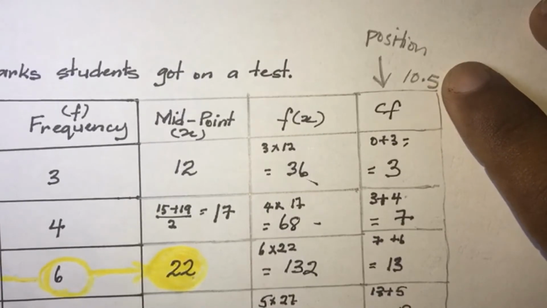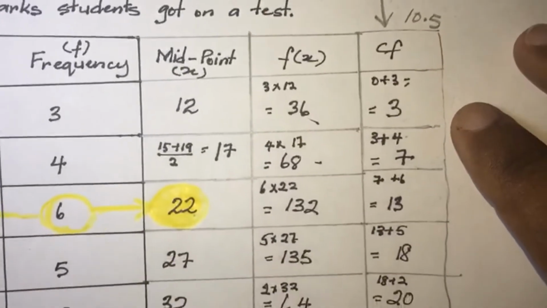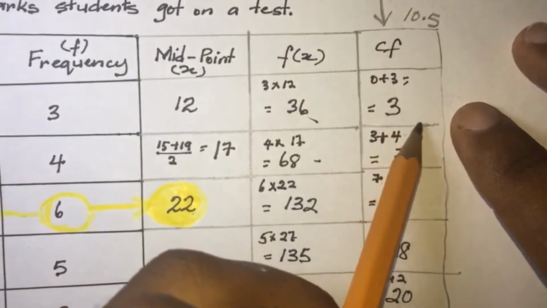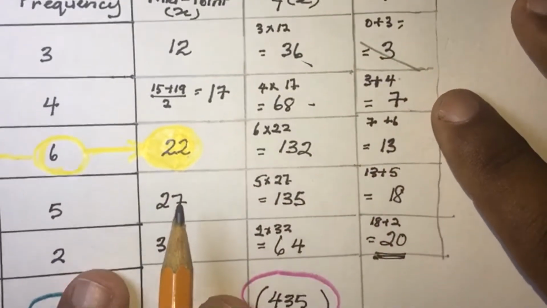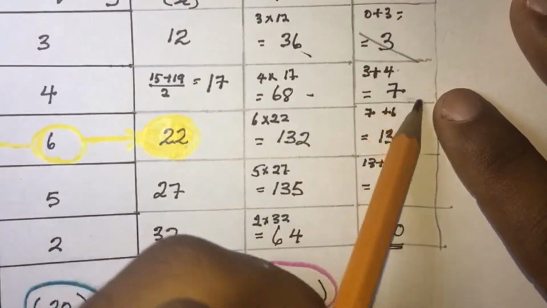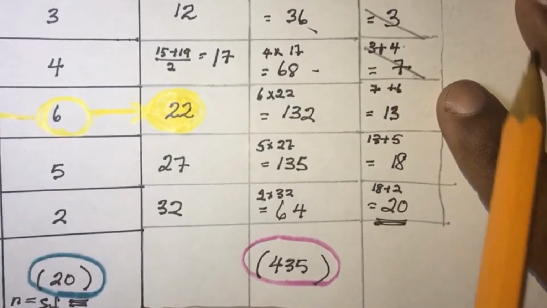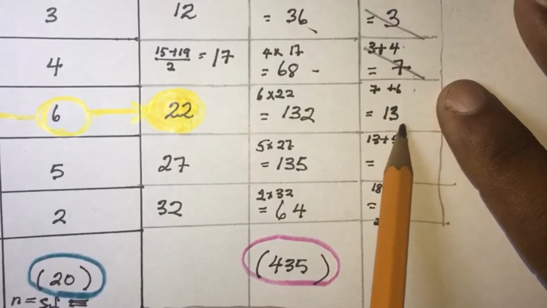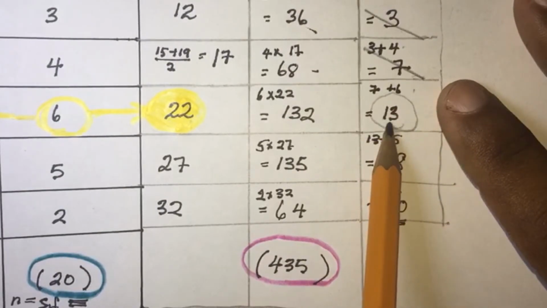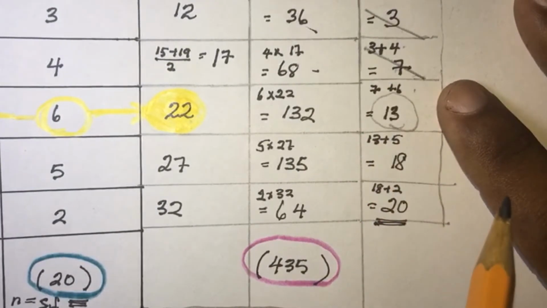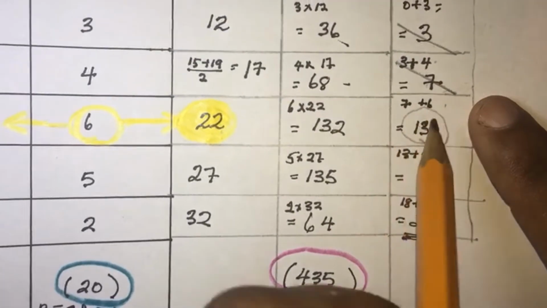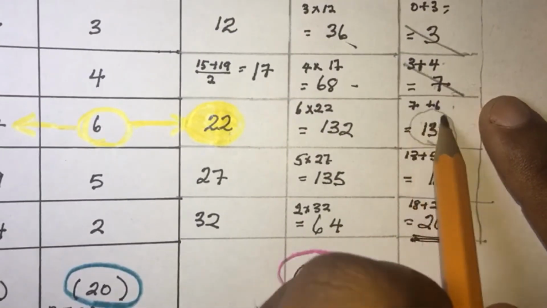So I need to look for where 10.5 would fall. So 10.5 is bigger than 3, so it's not this. 10.5 is bigger than 7, so it's not this. But look, 10.5 is less than 13, but still bigger than 7, right? So my median position would fall right somewhere in here.